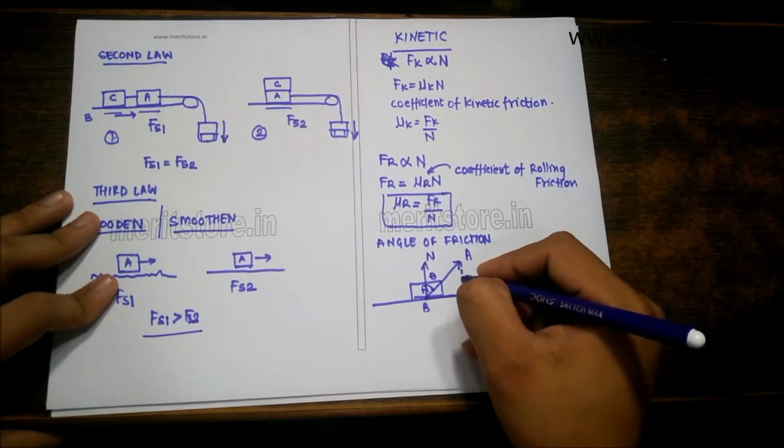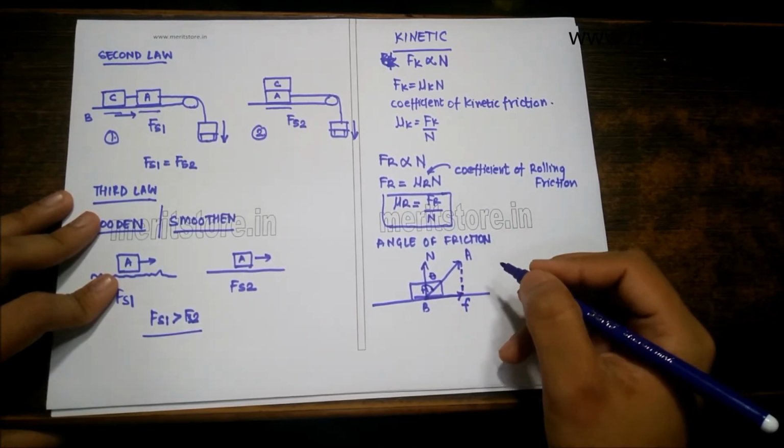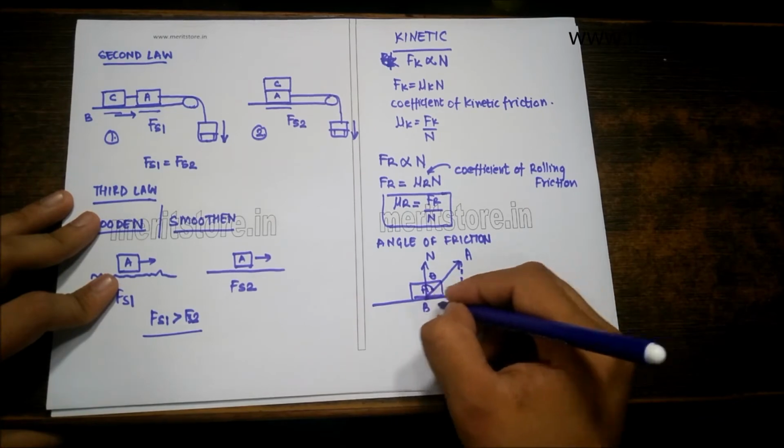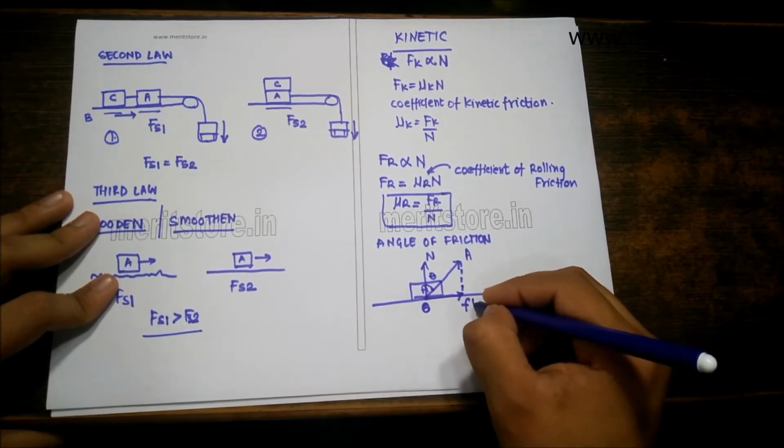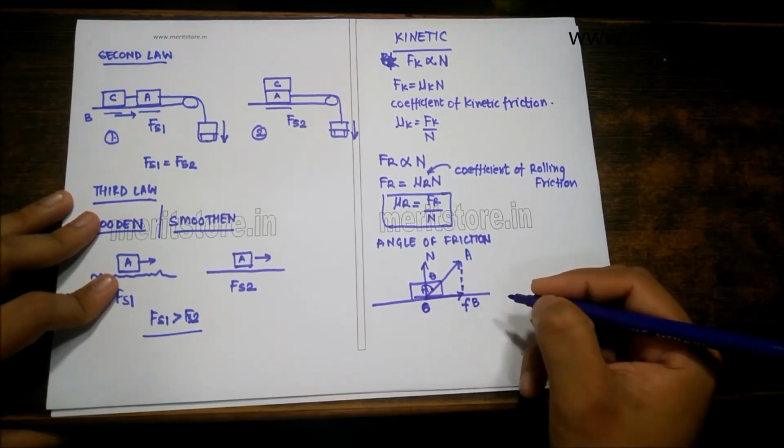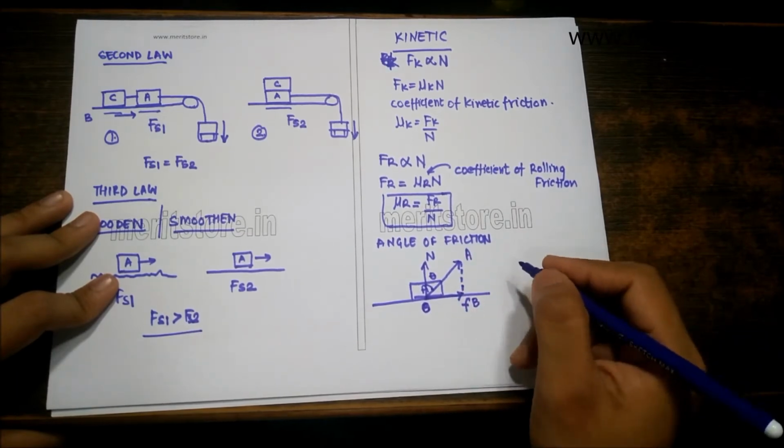So let's say that this is our origin O, this is B, this is A, and this is N.